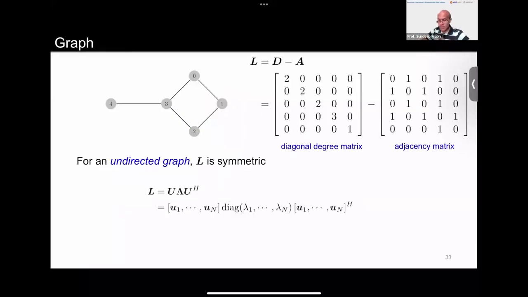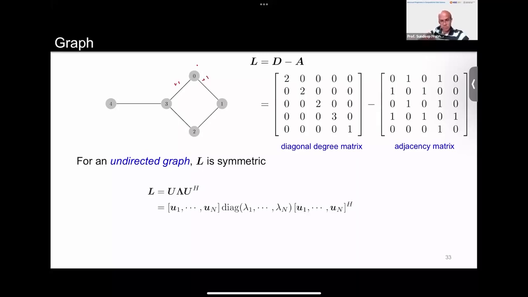Okay. The other variant that captures the same information as adjacency matrix is the so-called graph Laplacian matrix. It's a derived matrix, started from the adjacency matrix, except that the adjacency matrix does not explicitly account for the number of neighbors of each node, which is also called the degree. For example, in this particular case, node 0 has two neighbors, 1 and 2, right?